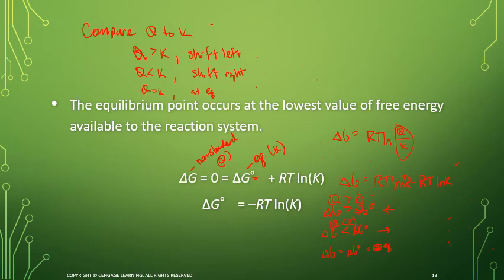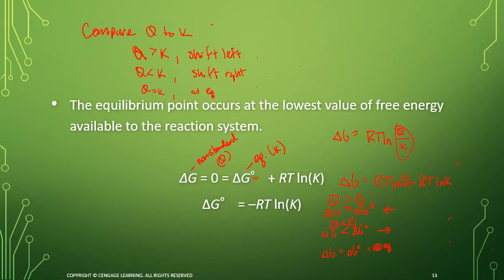And if I have Q over K being greater than 1, then my ln of Q over K would be greater than 0, times the RT would give me, therefore, a too large value for the delta G, and it would move to the left spontaneously.